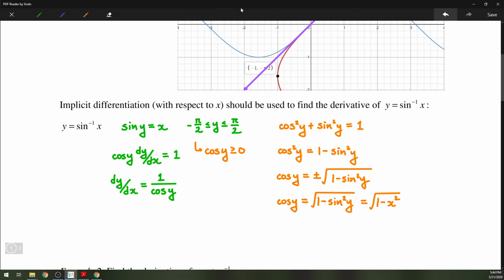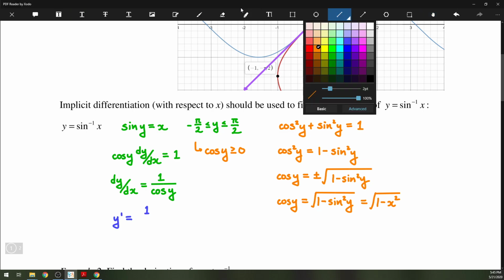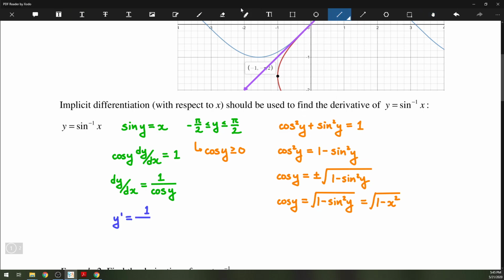Okay, that means what we can do here on the left is to write this derivative y prime as simply 1 over the square root of 1 minus x squared, which is good. Now we have a derivative in terms of just the variable x, which is much more useful.